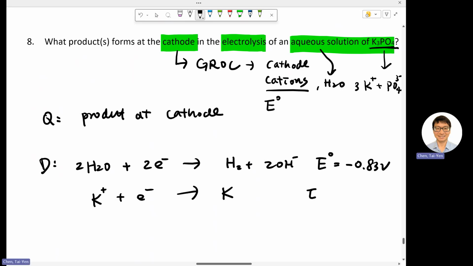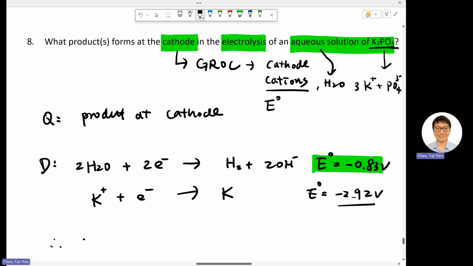And then you can check out its reduction potential in the table, and that's the value you put over there. So you have H2O and K+, which can both undergo a reduction reaction, and you have the reduction potentials written here. You pick the one with the less negative reduction potential. In this case, it will be your H2O.